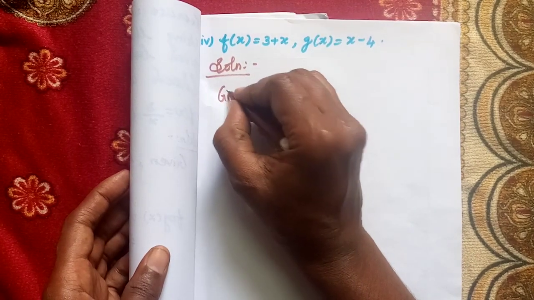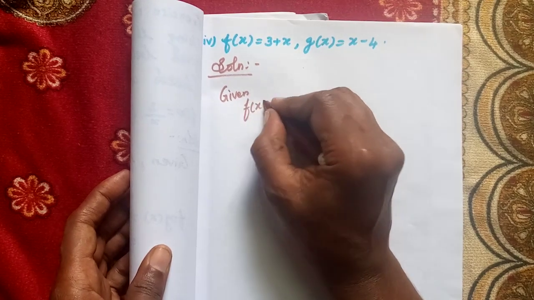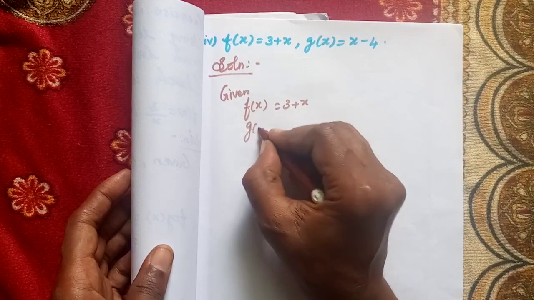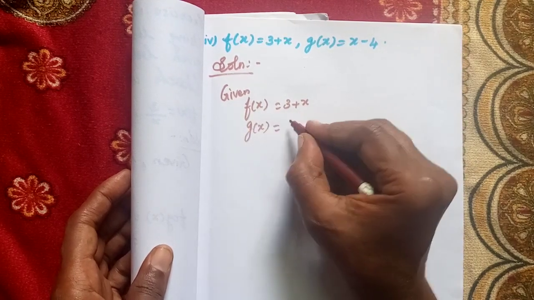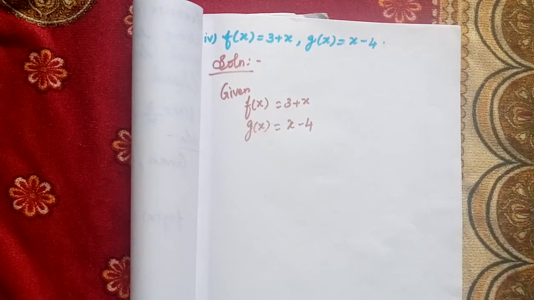Here, what is given? f of x is equal to 3 plus x. Next, g of x is equal to x minus 4. Okay, this is g of x.